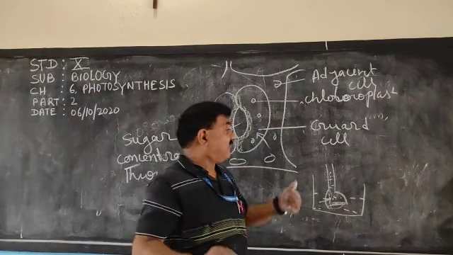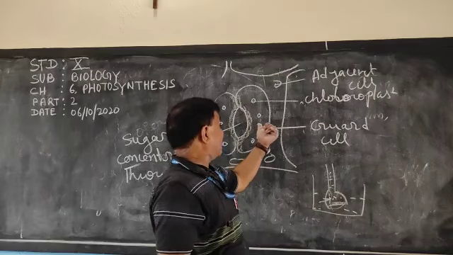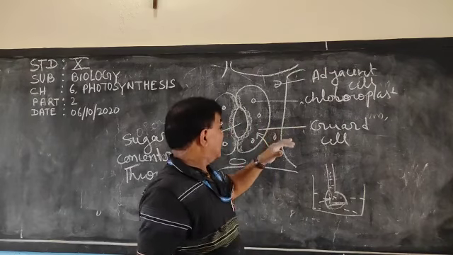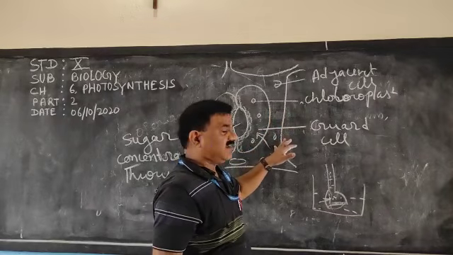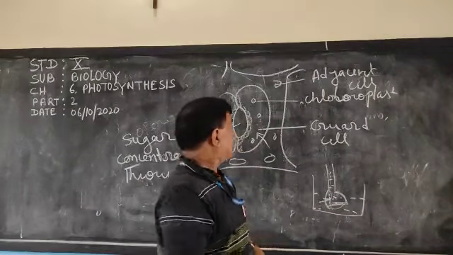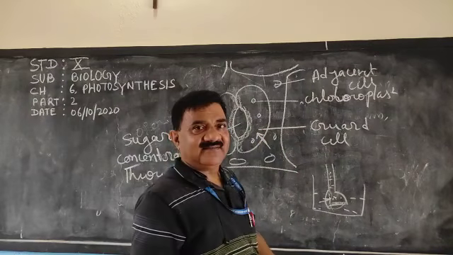The concentration of water is higher outside, nothing is mixed in water, and here the concentration of water is less, here the concentration of solution is more, and there it is less. So water will move from the adjacent cell to the guard cell.